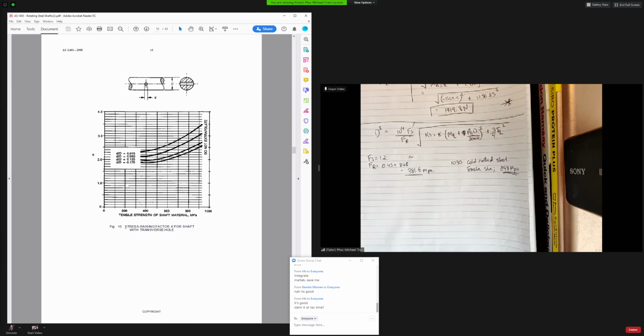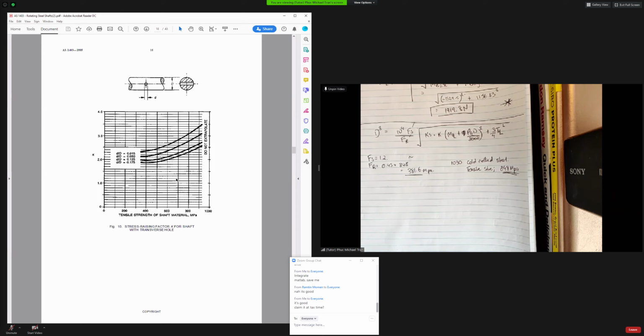And one other one is a stress raising factor for transverse holes. So things like, what do you call them, set screws. If you have that shaft and then you put a gear around here and then you slide a pin through there, you'd have to machine a hole through your gear too. I don't particularly like that.